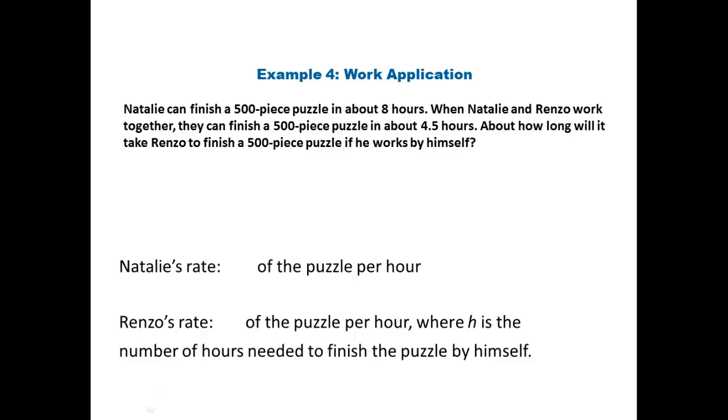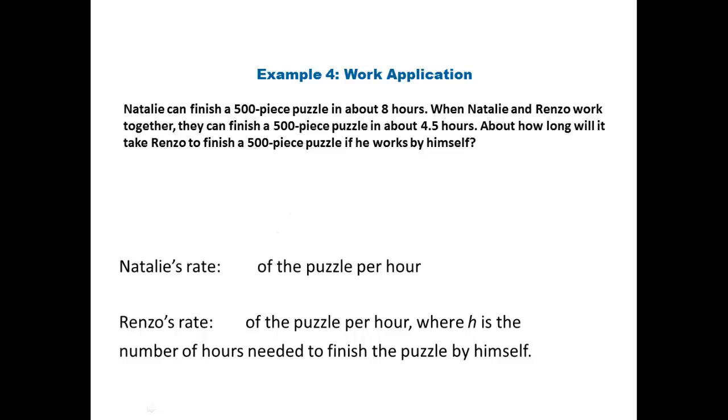Okay, our next example. Take a second and read. Okay, whenever we have a problem here where we have people doing a job separately and then people doing a job together, what we need to do is find their rate.